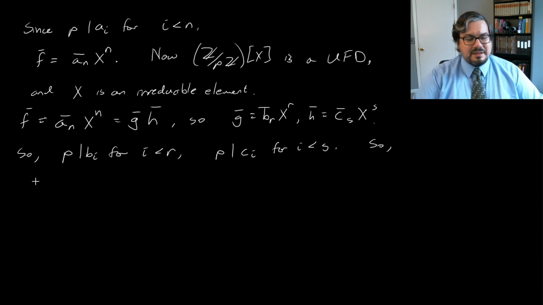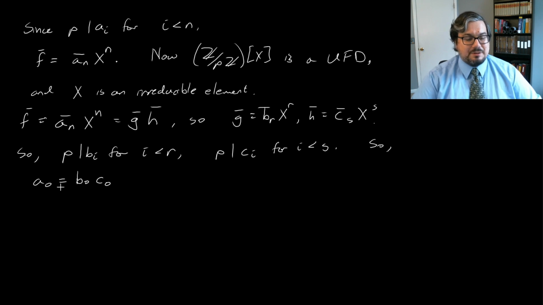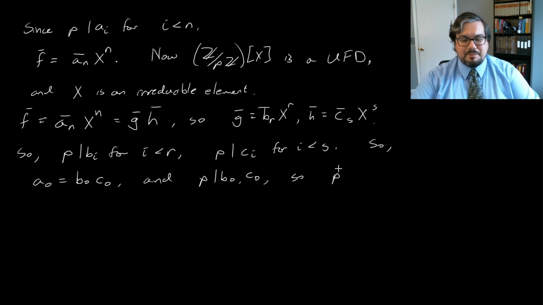So that means that a_0, which is equal to b_0 times c_0, the constant term of f, is equal to the product of the constant terms of g and h, and since p divides b_0 and c_0, that means that p squared must divide a_0.